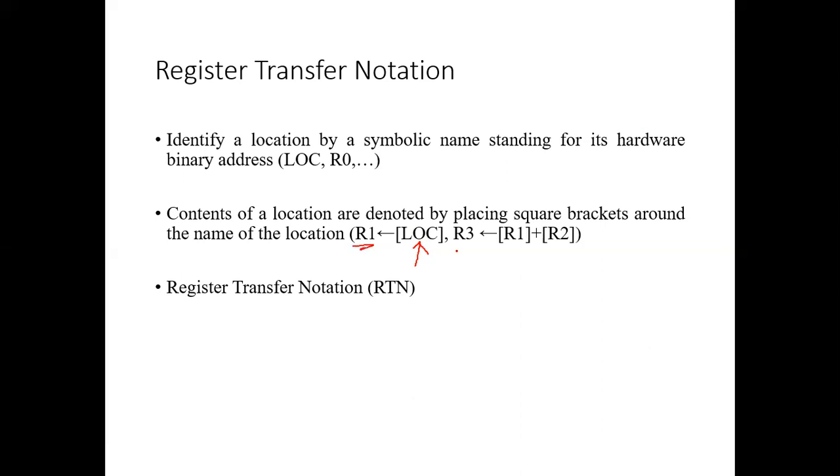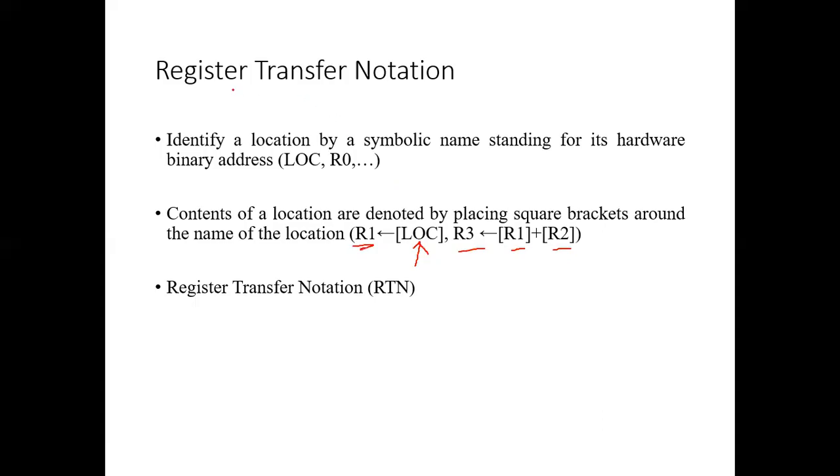Whereas this other one will add the contents of R1, and here R1 is not referring to a memory location, with R2, and the result will be stored in R3.